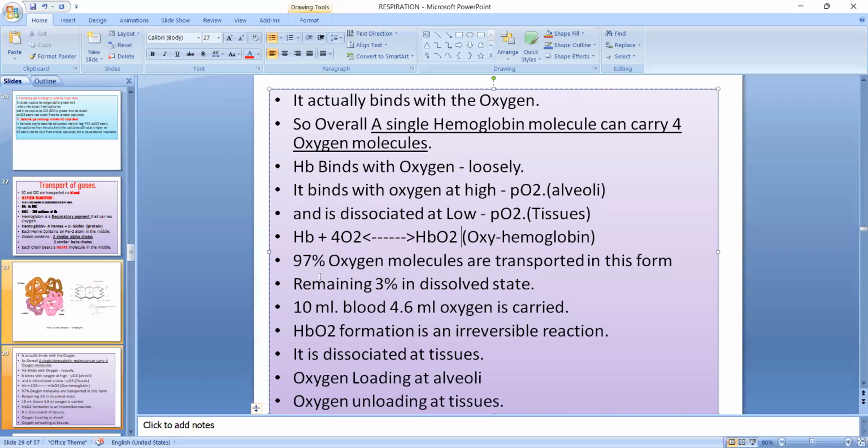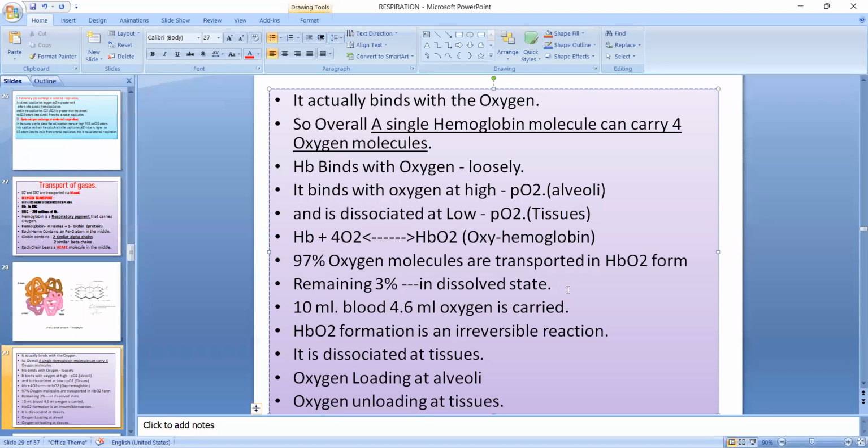So 97% of oxygen molecules are transported in HbO2 form. That is, of the oxygen molecules which reach the blood, 97% is carried in the form of HbO2. The remaining 3% is transported in dissolved state. That means the oxygen dissolves in the plasma.